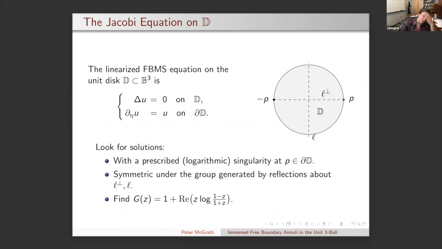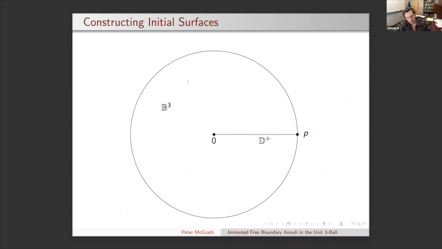Now I would like to talk about moving from this linearized picture on the disk to actually constructing a fundamental piece, or fundamental domain, for a free boundary minimal annulus. This picture requires some interpretation, so I'd like to spend a couple of minutes talking about it and adding to it. Now I'm switching gears, and this cartoon picture is of the 3-ball. In profile, I have put the 2-dimensional disk, or rather half of the 2-dimensional disk.